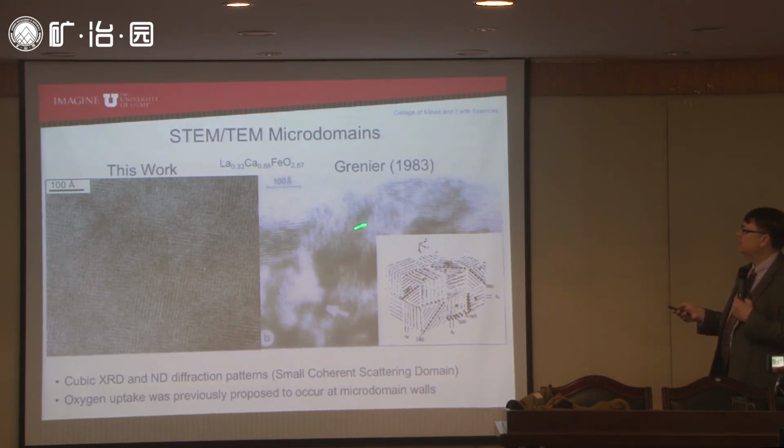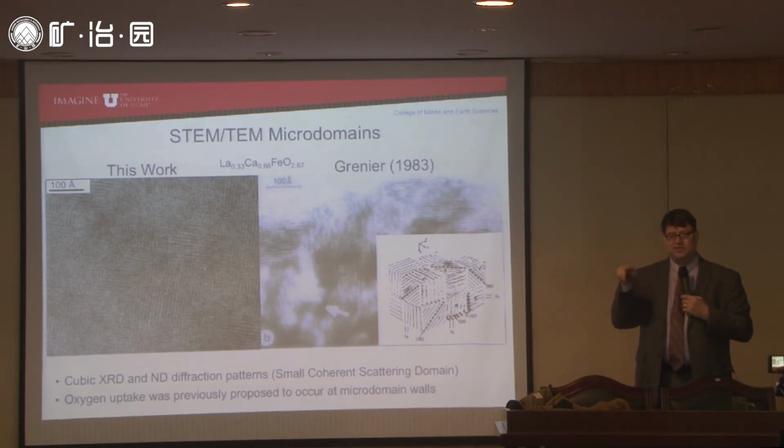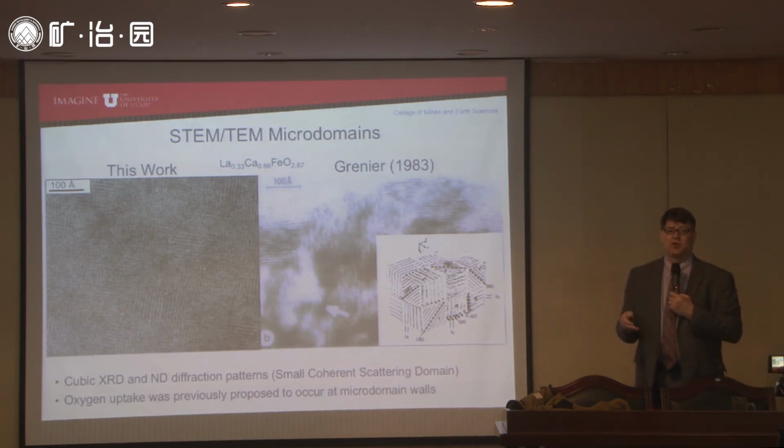And you can also, if you look very closely, it's a little hard to see in this room, see domain boundaries. These are little nanograins, and they have an orientation, and they have these what we call domain boundaries. To the left is our work, and these two images are almost identical. In other words, the microstructure that we produced is almost exactly the same as the microstructure that Grignard produced back in 1983.